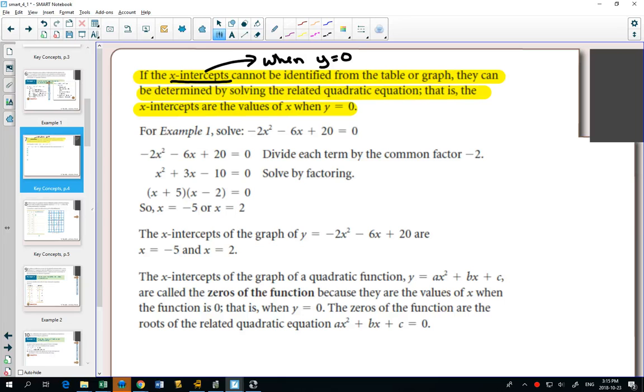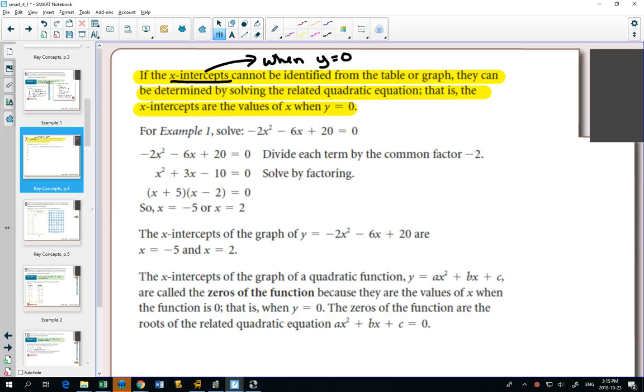On any graph, your x-intercept is when the y value is 0. If you think about labeling a point on your x-axis, the y value will always be 0. So if you want to find your x-intercepts with an equation, you can substitute 0 in for y.